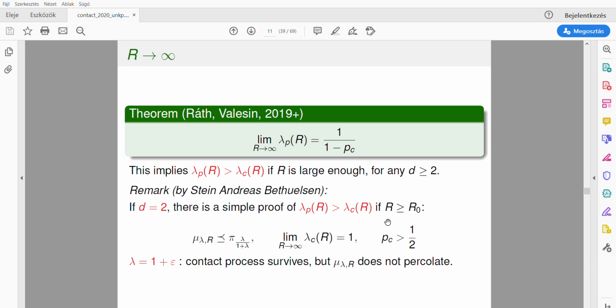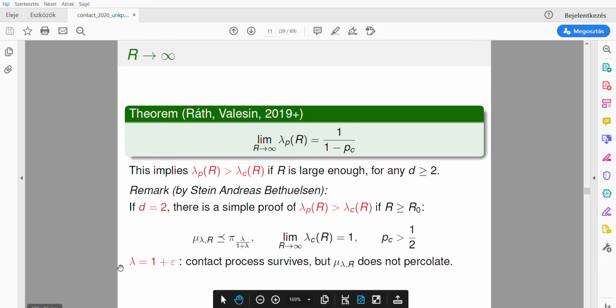And if you put that together with the well-known fact that if dimension is 2, then the critical threshold of Bernoulli site percolation is strictly bigger than 1/2. This is a classical result from the 80s. So if you put together these 3 facts, then you get the desired result.